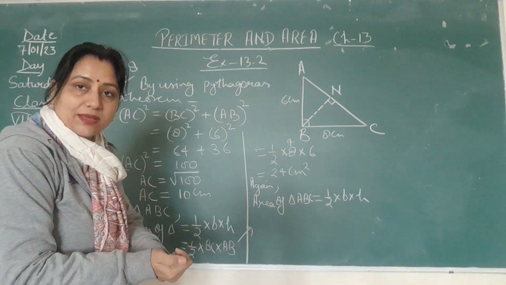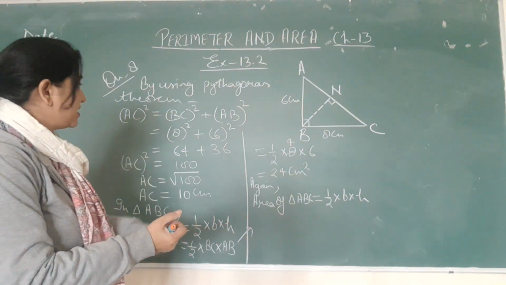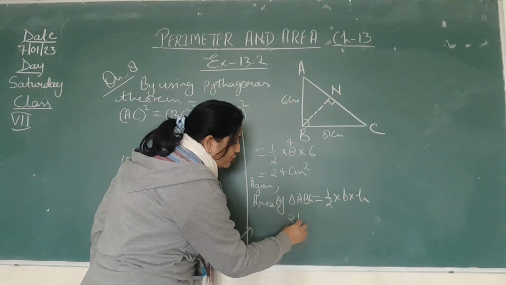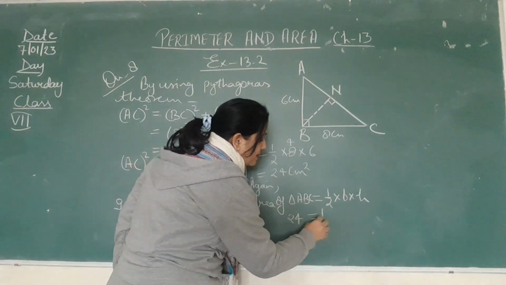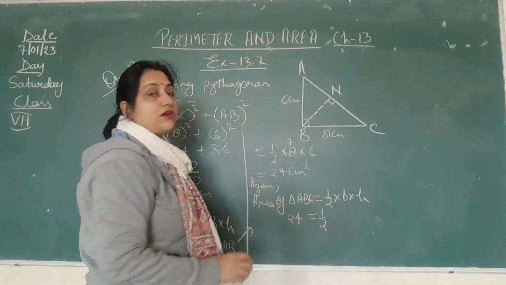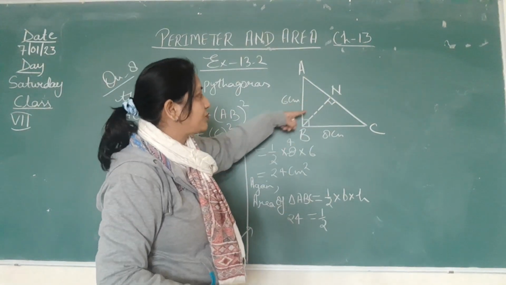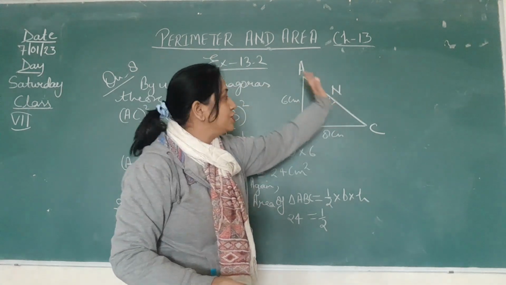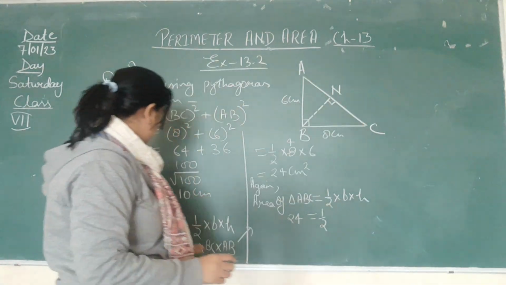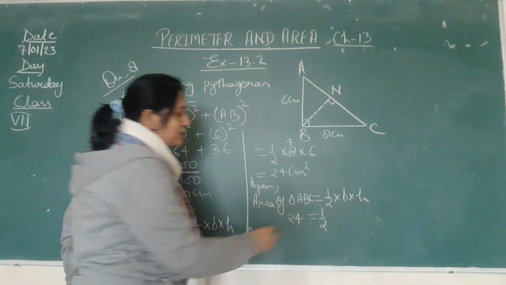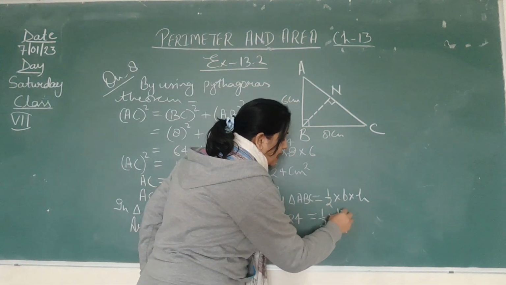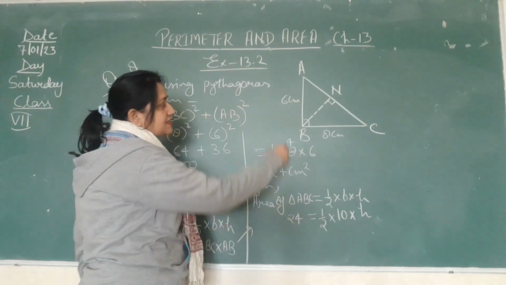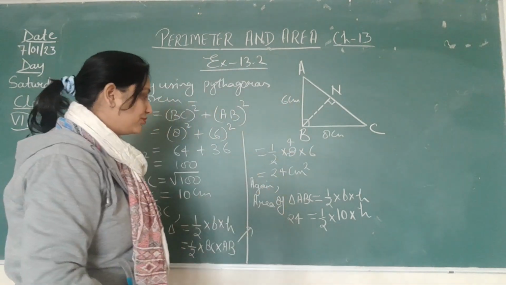The area of the triangle you have just found is 24 centimeter square. So in this place we'll put the value 24 is equal to 1 upon 2. Now you have to find the corresponding height of this base AC. The value of AC I found is 10 centimeter. So AC is 10 and H, you have to find the height. It means BN you have to find.